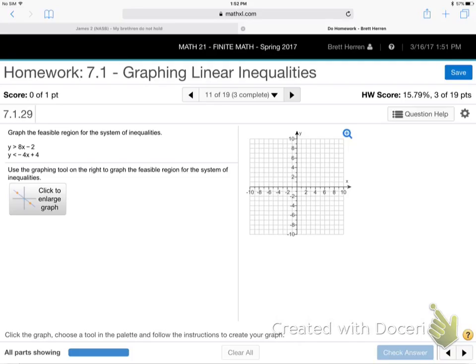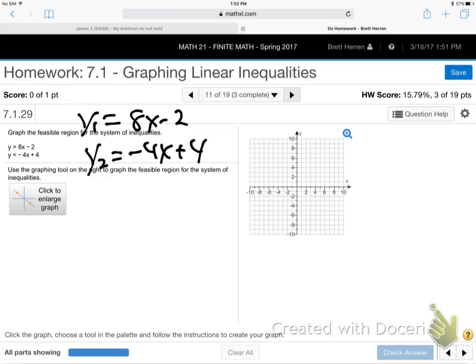Now you can graph these on your graphing calculator as well, by the way. Put them in there and take a look at them. Get the lines as a double check. Use your graphing calculator on the test. Double check your work. You can just type into your graphing calculator y1 equals 8x minus 2 and y2 is minus 4x plus 4. Graph them both.